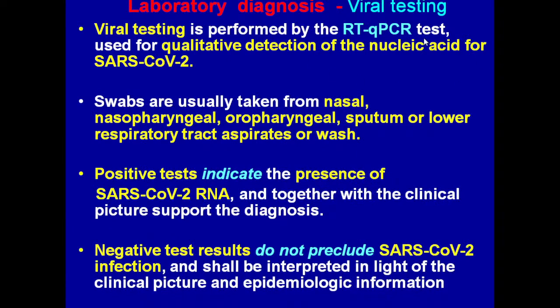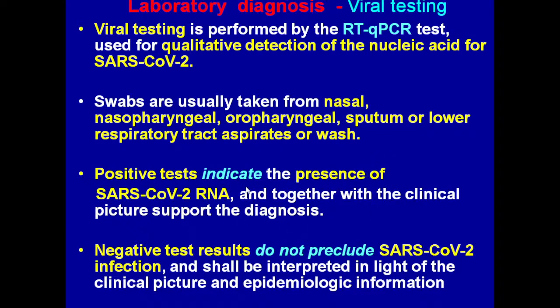Then how about the lab diagnosis? Usually the testing is performed by reverse transcriptase PCR test, qualitative, Q stands for qualitative. Usually swabs are taken from the nasal, nasopharyngeal, oropharyngeal route, or sputum can be taken, or lower respiratory tract aspirates or wash.